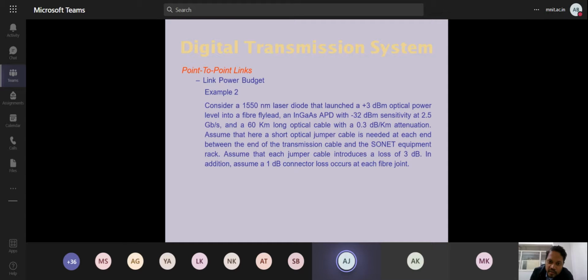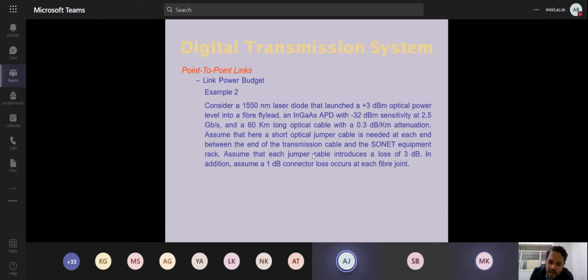Did you understand or not? Sir, can you please repeat it? Now, this 3 dB may also include the loss of the connector which is present in the jumper cable. So if this 3 dB includes that loss, then you should be considering only two connectors. Is that clear? Okay, sir.